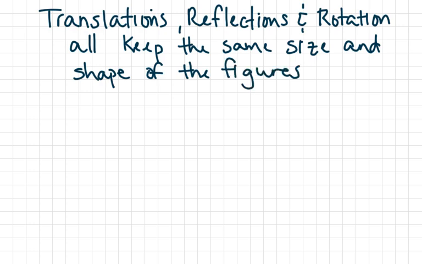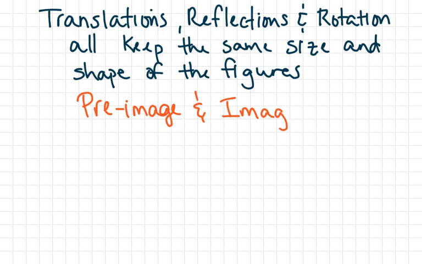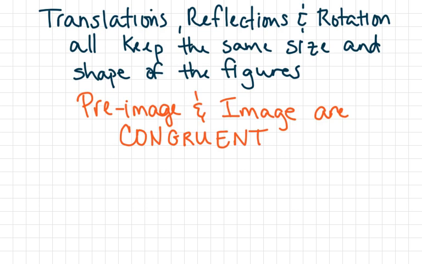And because of that, we say that they are congruent figures. So the pre-image and image are congruent, same size and shape. So we use those 3 transformations to prove congruence.